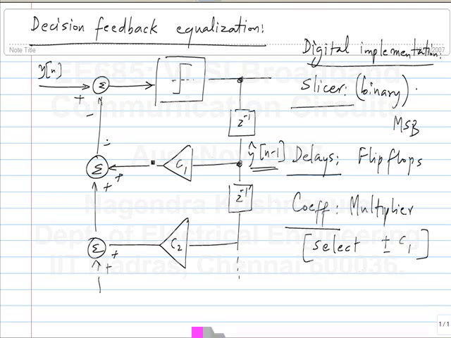But of course, if the number of values of y hat becomes very large, that may become too painful. If the number of values of y hat is small, as in the binary case, then you don't have any problem. Okay. And then you need to have adders to implement the subtraction as well as the summing of all the weighted taps.